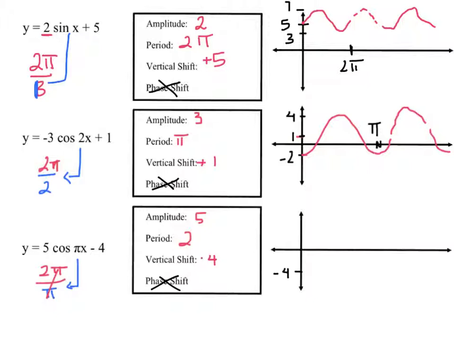Since the amplitude is 5, it's going to go all the way up to 1, all the way down to -9. It's cosine. It's not being multiplied by anything in this case. It's going to start at the top, down, back up, and then, as I said, continue on. We'll just put in a label for one period. There we are.